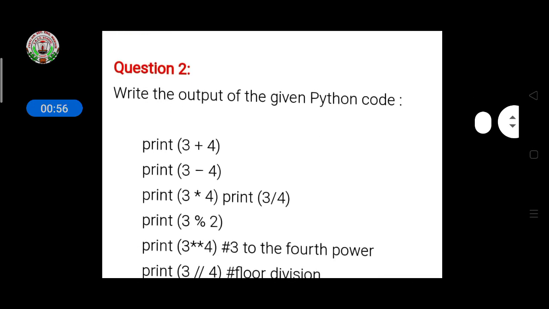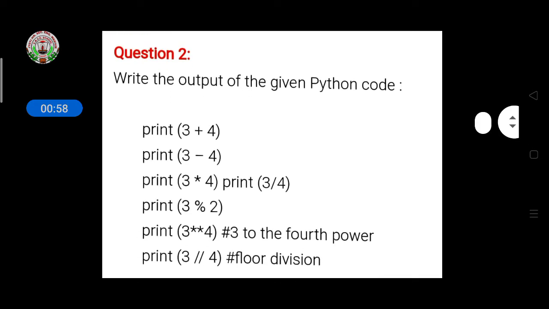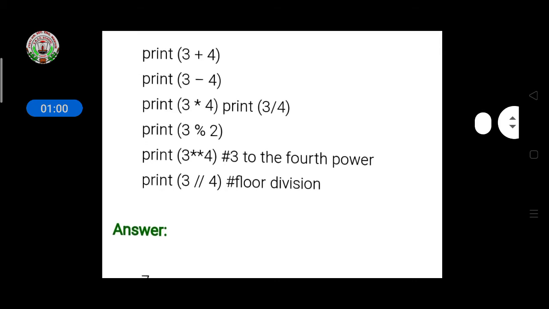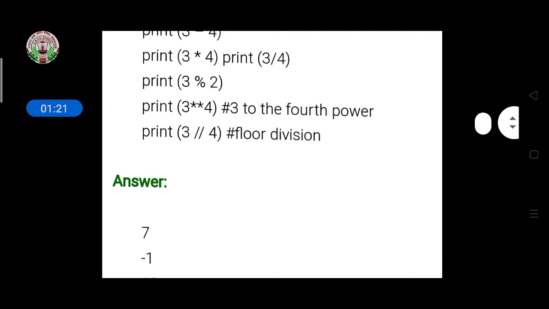Then question number 2, write the output of the given Python code. Python output means, suppose you want to print 3 plus 4, then it will do the calculation first and then display the answer. So print command is giving instructions to print the 3 plus 4 result. 3 plus 4 result is 7.